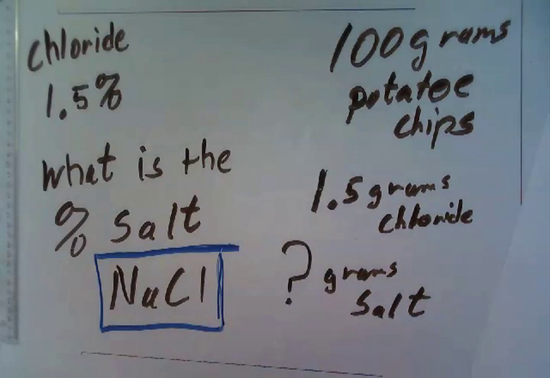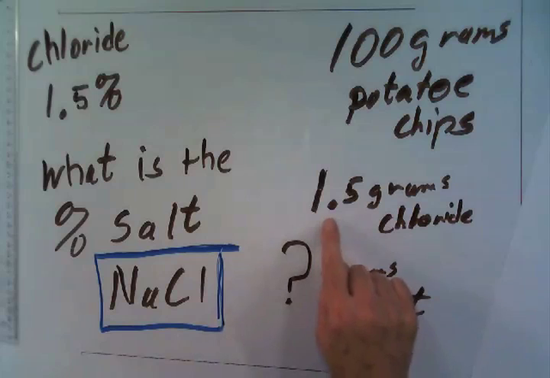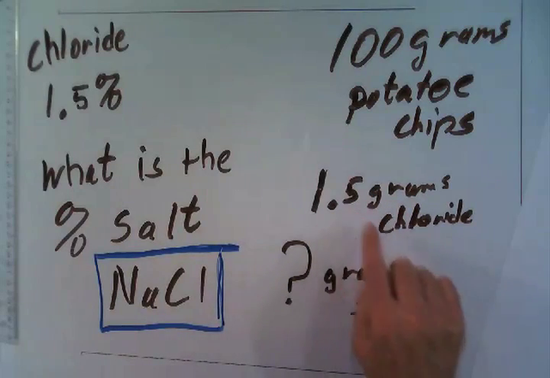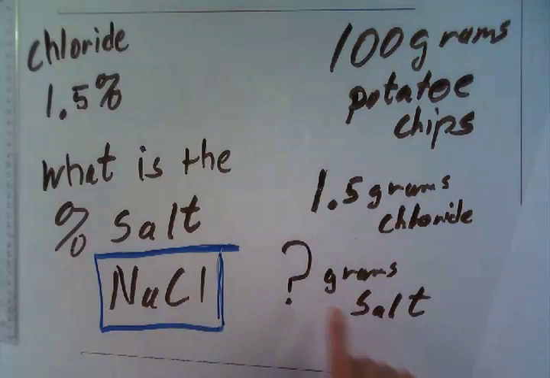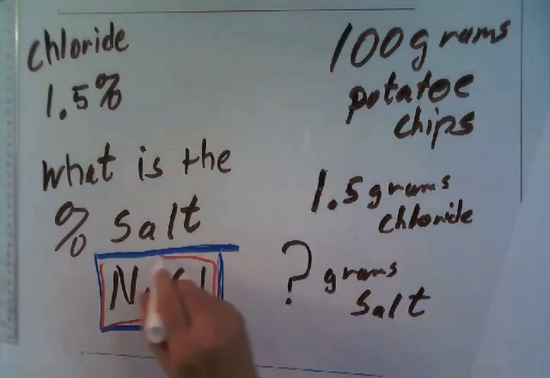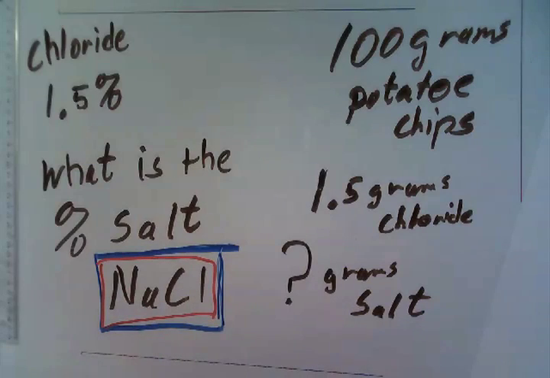So this may seem redundant, and perhaps it is redundant, but I like this because now it gives me confidence that we're dealing with 1.5 grams of chloride, which is something that I can understand easier. And now we need to know, how many grams of salt do we have? Sodium chloride has one atom of sodium and one atom of chloride.